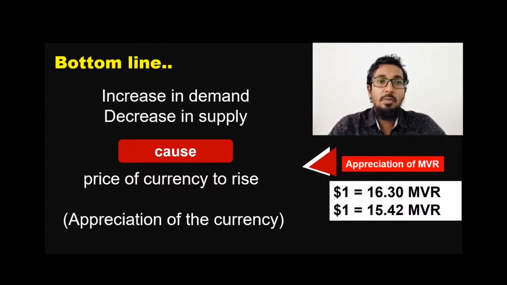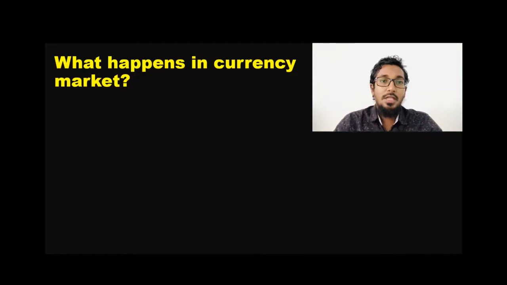So now we have spent less MVR to buy the same $1. Previously we spent 16.30, now we spend less, which is 15.42, in order to get the same $1. So what has happened to the Maldivian currency value? The Maldivian currency value has increased, so that is called appreciation of the Maldivian currency.